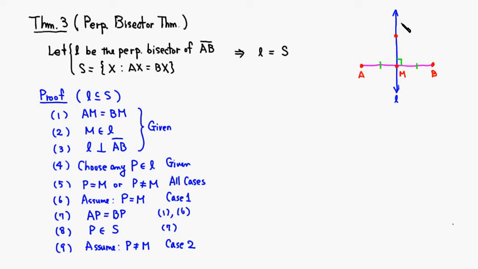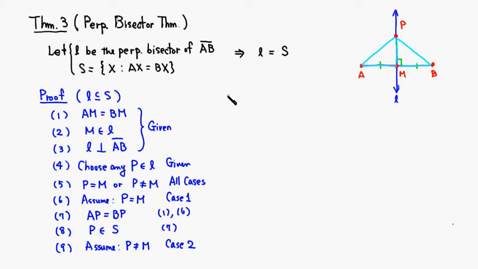So I'll just draw a P here. Then we try to look at the triangle. So try to form a triangle like this, then another triangle like that. And let's try to establish the congruence between those two.